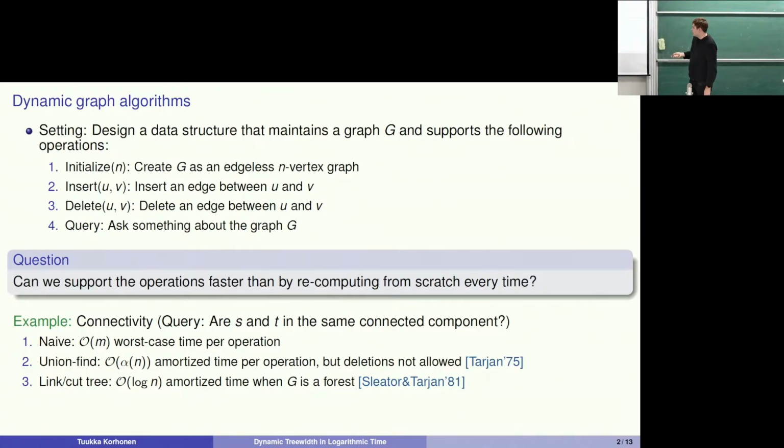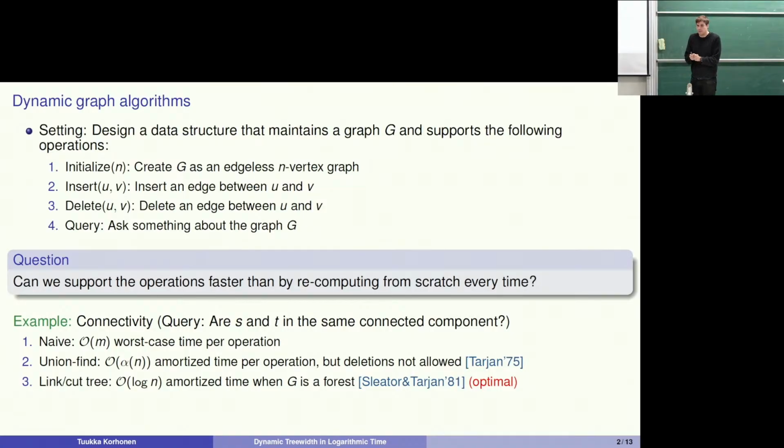If the graph is a forest, we can do log n time, and this is a bit surprising because often there are no unconditional lower bounds in algorithms, but it has actually been proven by Erik Demaine and Mihai Pătrașcu that this logarithmic amortized time is optimal for dynamic connectivity, even when the graph is a forest.